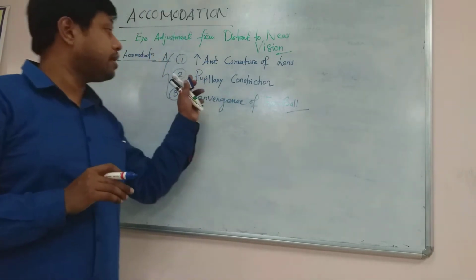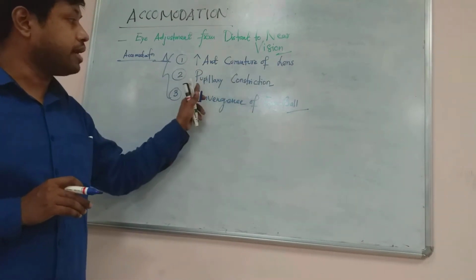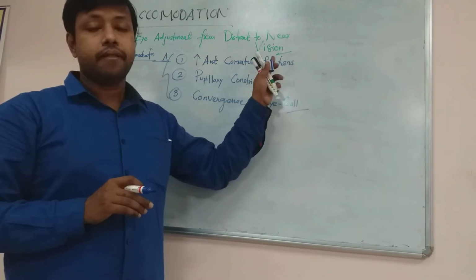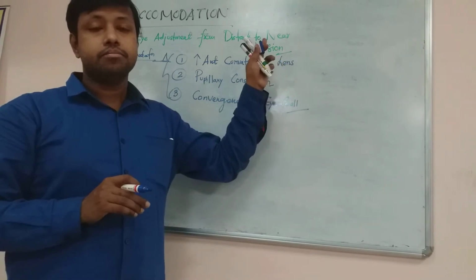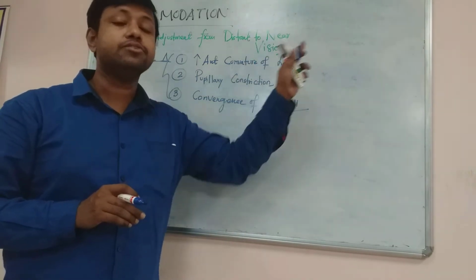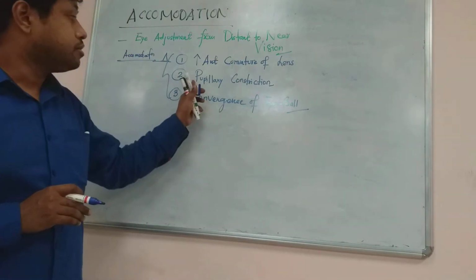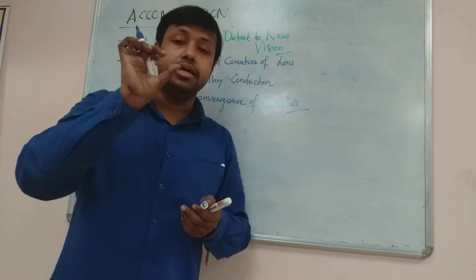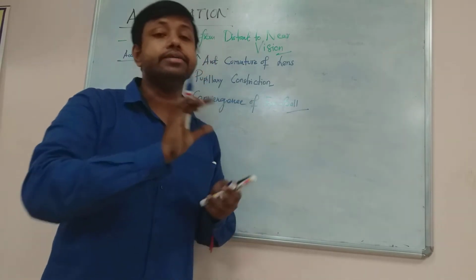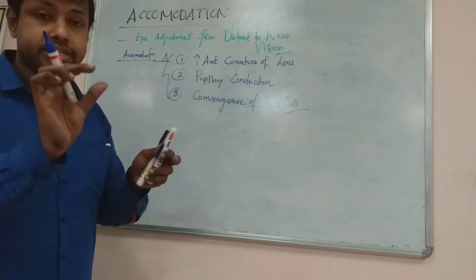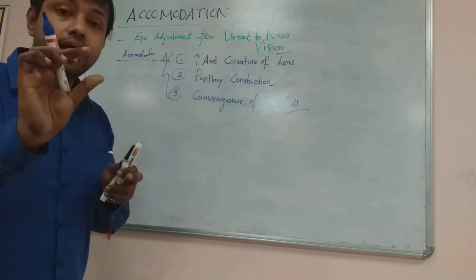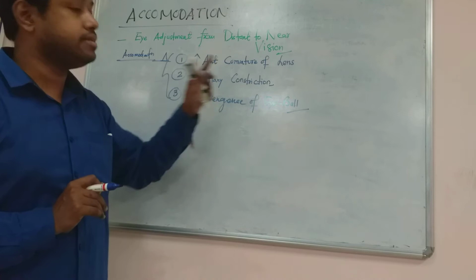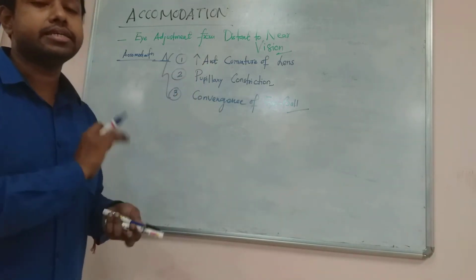So that's why pupillary constriction will occur when a person changes his vision from distance to the near one. Means when a person changes his vision from distance to near, the pupil will constrict. That's why the amount of light entering into the eye is less. So the pupillary aperture is responsible for controlling the amount of light entering into the eye, and once the pupillary constriction is there, it will decrease the amount of light entering into the eye.